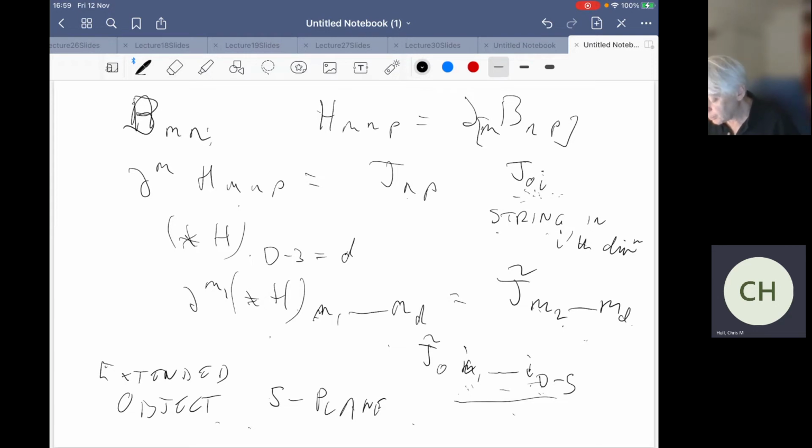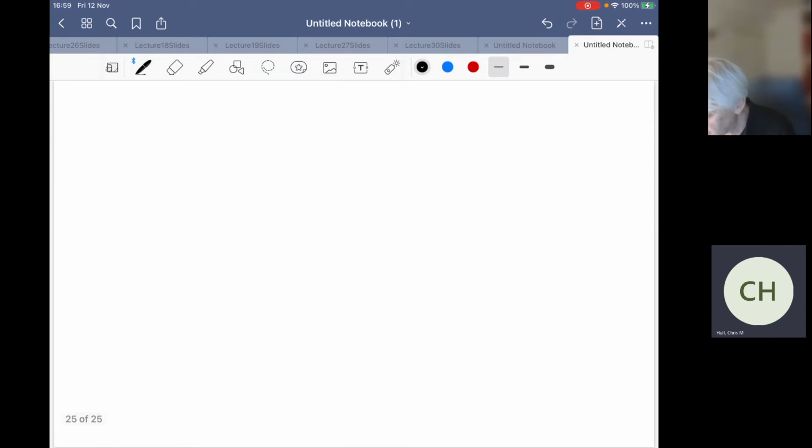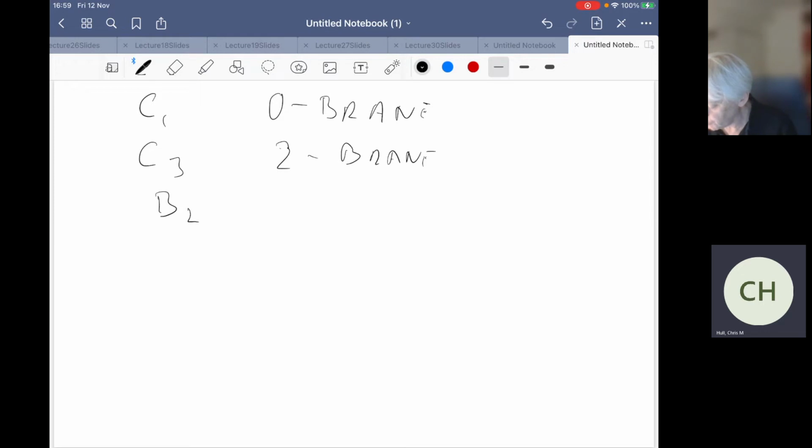So we can look in each case at those objects, and in particular, we've seen that the 2A theory has a vector field which would couple to a particle or naught-dimensional object or naught brane, and a C3 which would couple to a 2-brane or membrane, and a 2-form field which couples to strings.